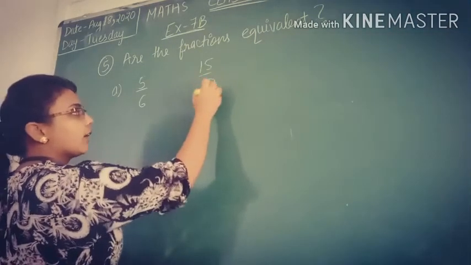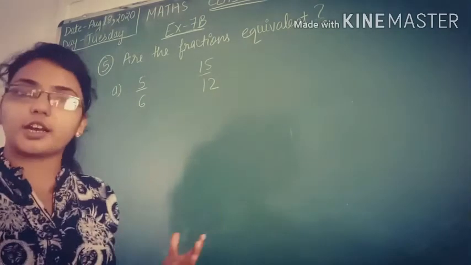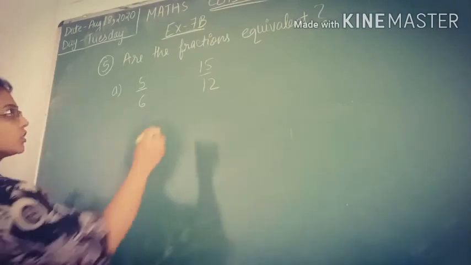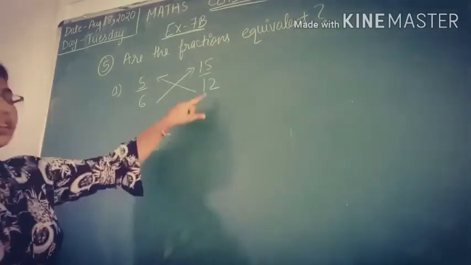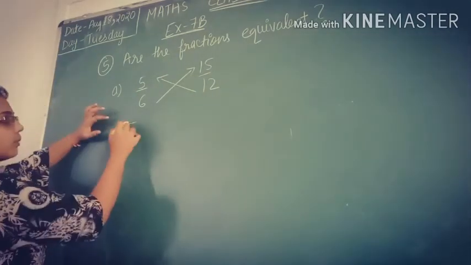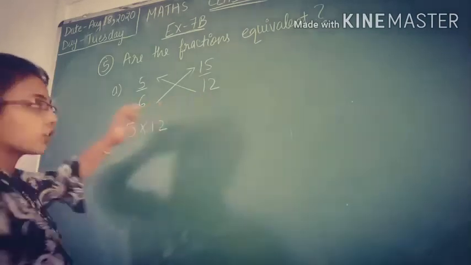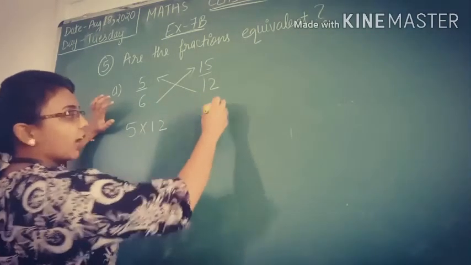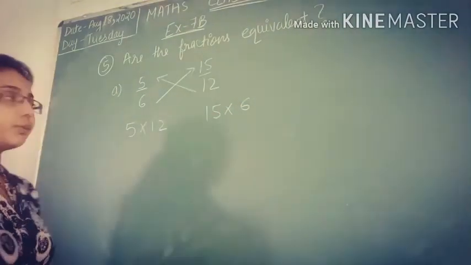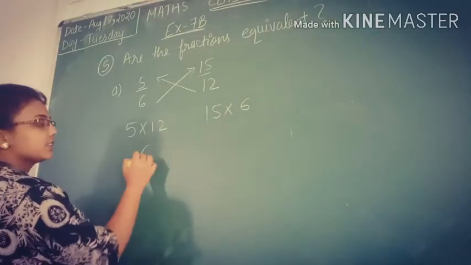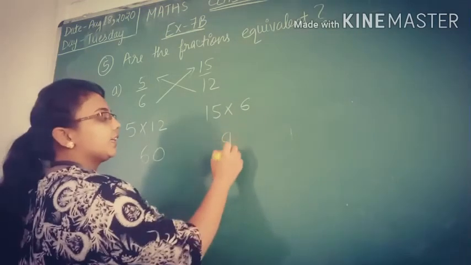So whenever you have this type of question जिसमें आपको इक्विवेलेंट फाइंड आउट करना है और चेक करना है, तो what you will do is you just have to क्रॉस मल्टीप्लाई द नंबर्स. ठीक है, क्रॉस मल्टीप्लाई करना है नंबर्स को. दैट मीन्स आप 5 को 12 के साथ मल्टीप्लाई करो, यानी कि द डिनोमिनेटर ऑफ सेकंड फ्रैक्शन, एंड और सेकंड फ्रैक्शन के न्यूमरेटर को फर्स्ट फ्रैक्शन के डिनोमिनेटर के साथ मल्टीप्लाई करो. लेट्स मल्टीप्लाई देम. 12 5s are 60, yes, and 15 6s are 90 exactly.